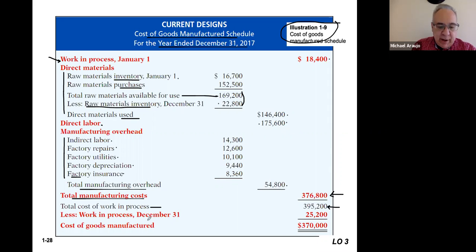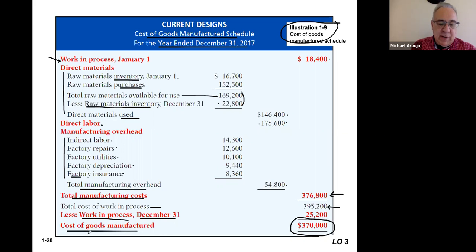Then at the end of the period, you looked around to see, okay, what's work in process right now? How much do we have? Well, it looks like we have only 25,200 of work in process. Well, the difference is the cost of our manufacturing that year.